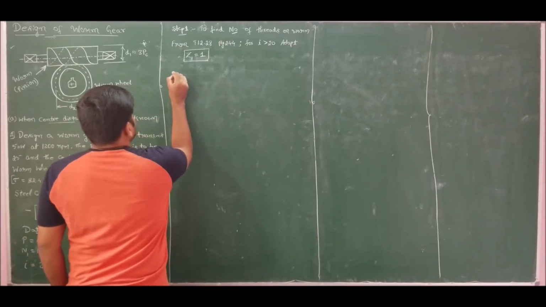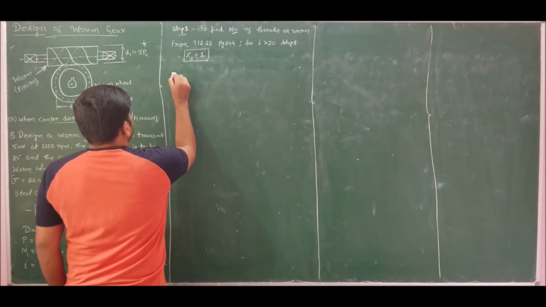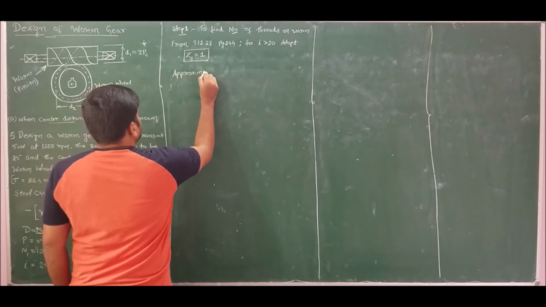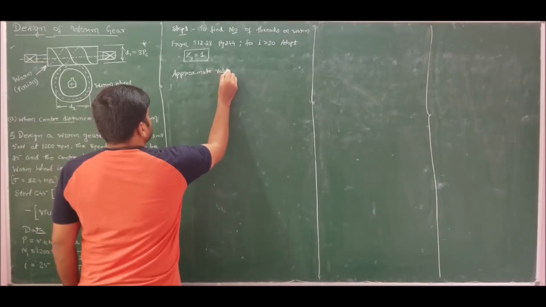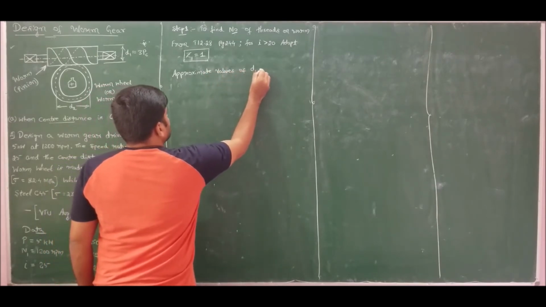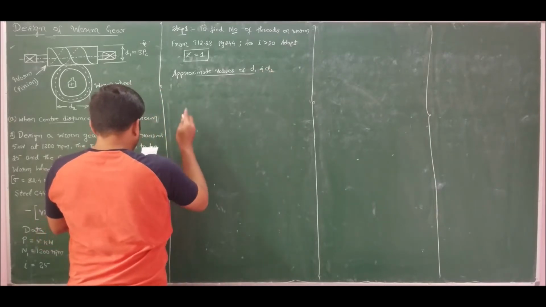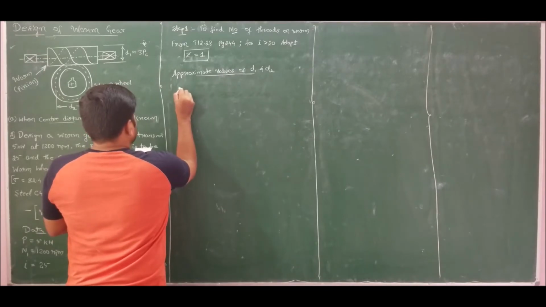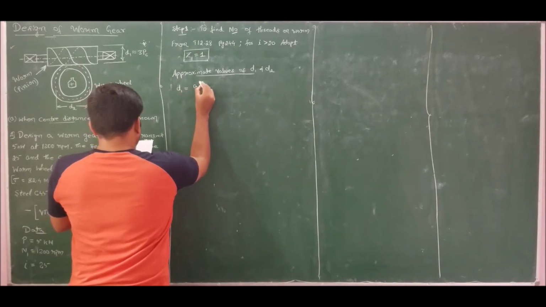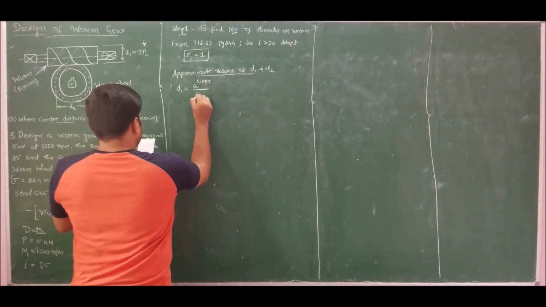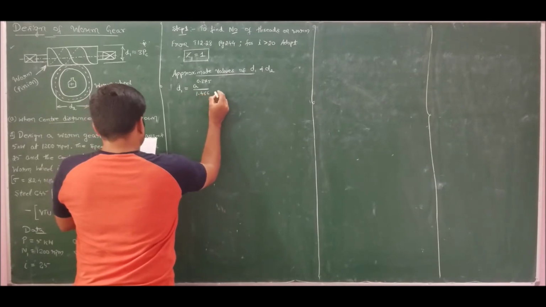So therefore, we have the equation for D1 and D2, and the approximate values of D1 and D2 can be computed by making use of equation 12.5a, that is D1 is equal to a to the power of 0.875 divided by 1.466.